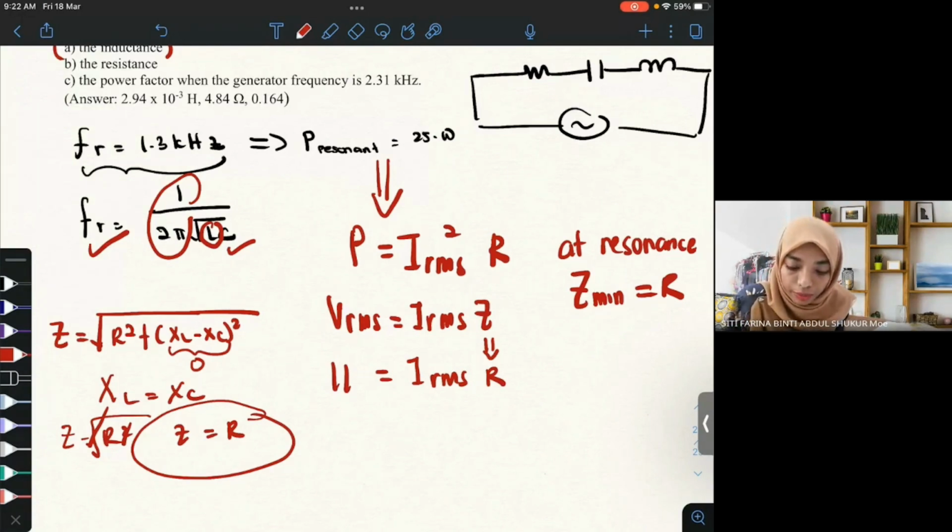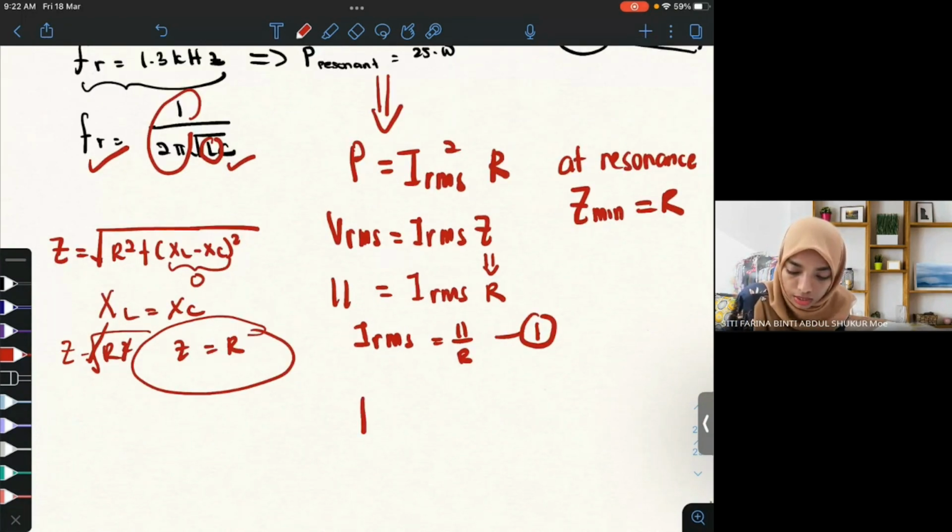Kalau kamu tengok masih unknown, this is what you're looking for. Okay, tak apa. Awak ada dua unknown yang sama dekat sini. So what you can do is awak boleh buatkan I RMS sebagai subjek kamu. Kamu akan dapat 11 over R. This is your first equation.